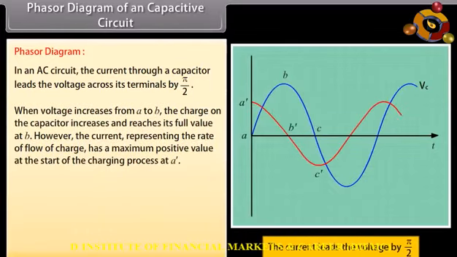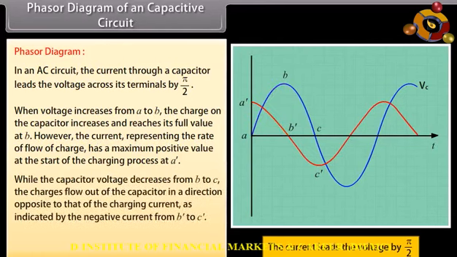When voltage increases from A to B, the charge on the capacitor increases and reaches its full value at B. However, the current, representing the rate of flow of charge, has a maximum positive value at the start of the charging process at A', while the capacitor voltage decreases from B to C. The charges flow out of the capacitor in a direction opposite to that of the charging current, as indicated by the negative current from B' to C'.